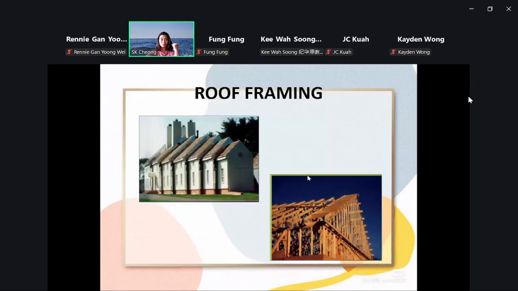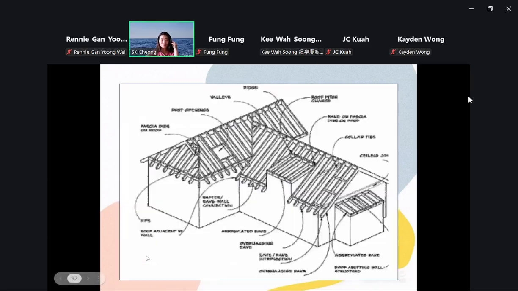So these are the framing. This is the overall construction of a roof, but I do not intend to dive into detail for all these roof details, just to give you some knowledge.